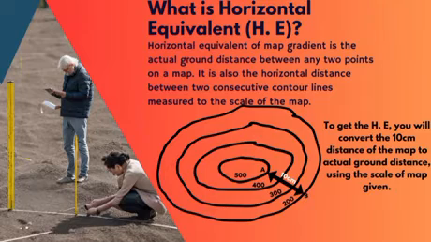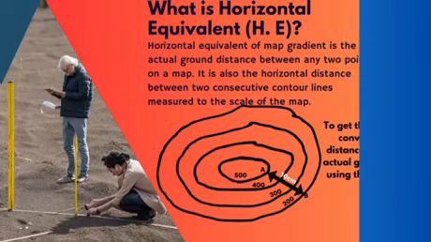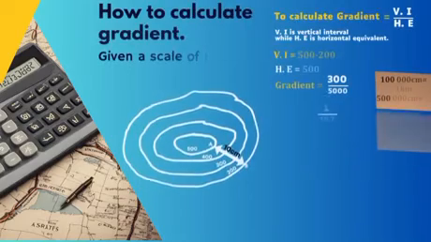This is done by measuring the map distance and converting it with the map scale to get the actual ground distance. As you can see, distance A to B covers about 10 centimeters on the map.